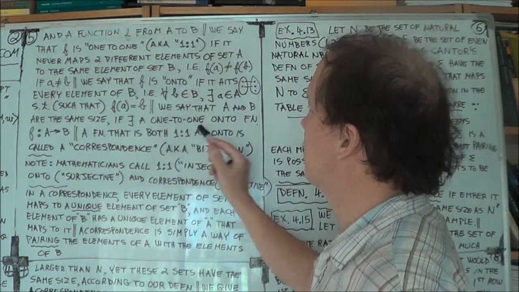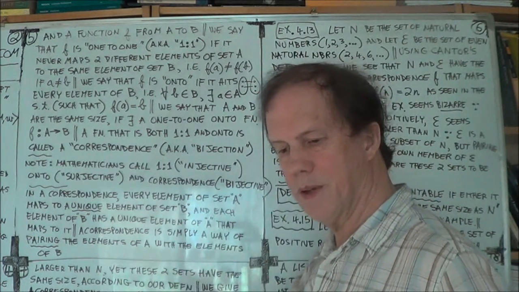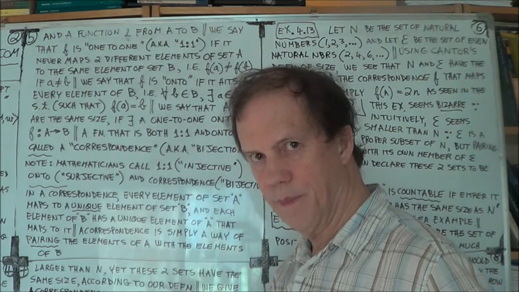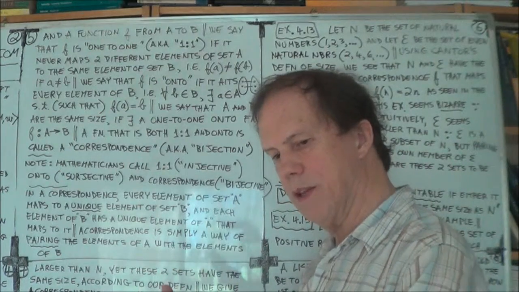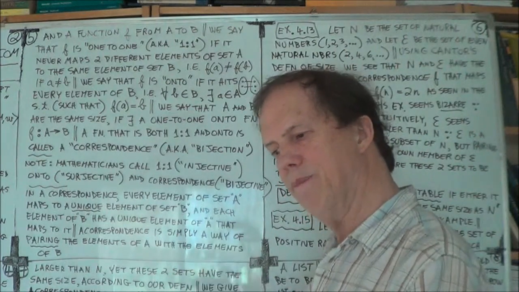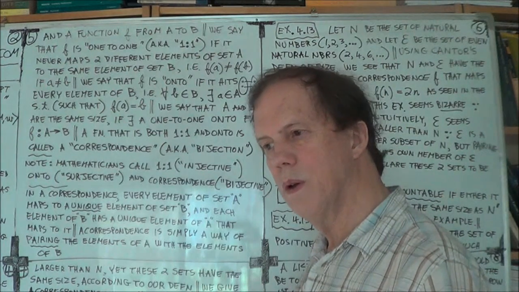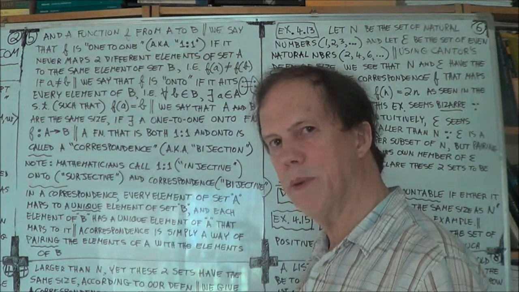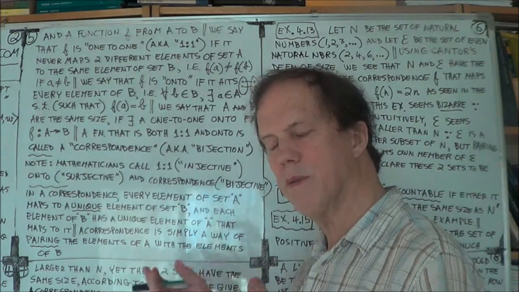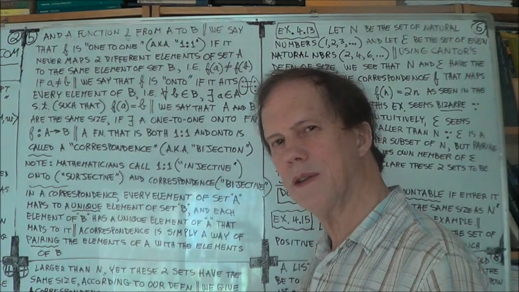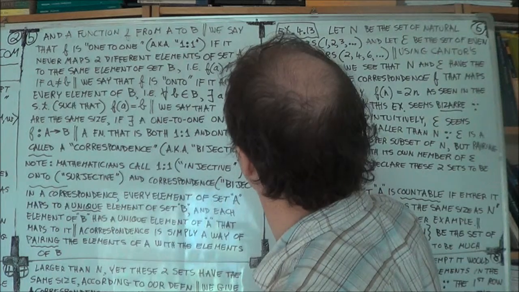Right, now combine these two. Say you have a mapping now that it's both 1 to 1 and it's onto. Well, if you think about it, that means that those two sets, big A and big B, have to be the same size. Okay? Well, assuming they're finite. Can you see that logic?